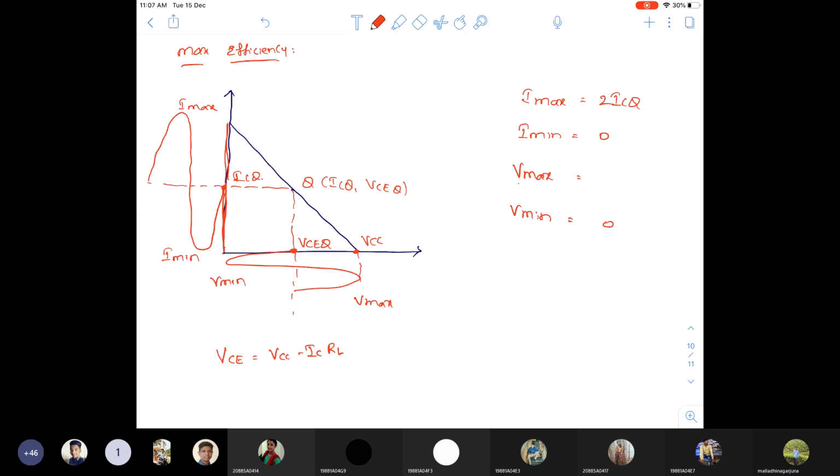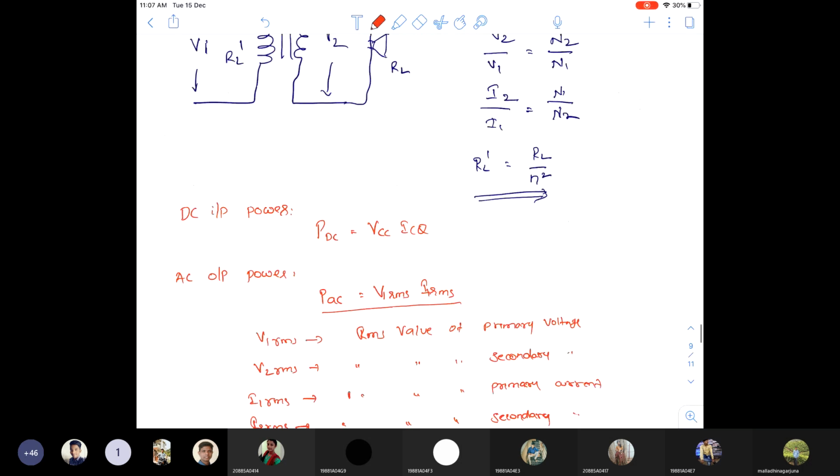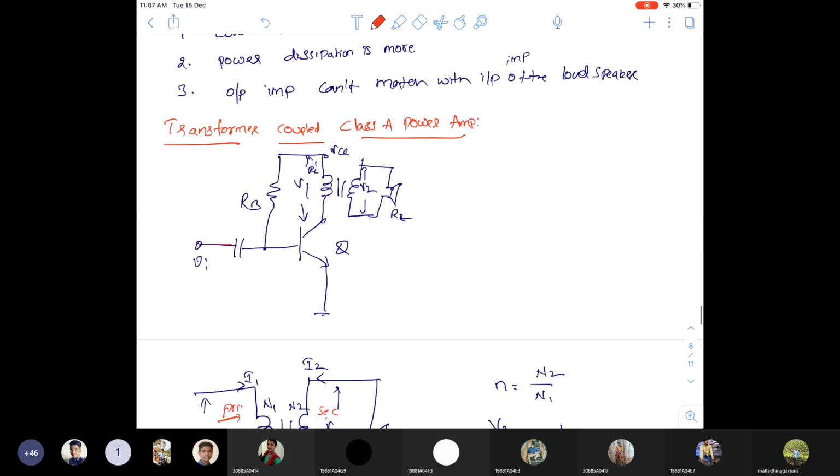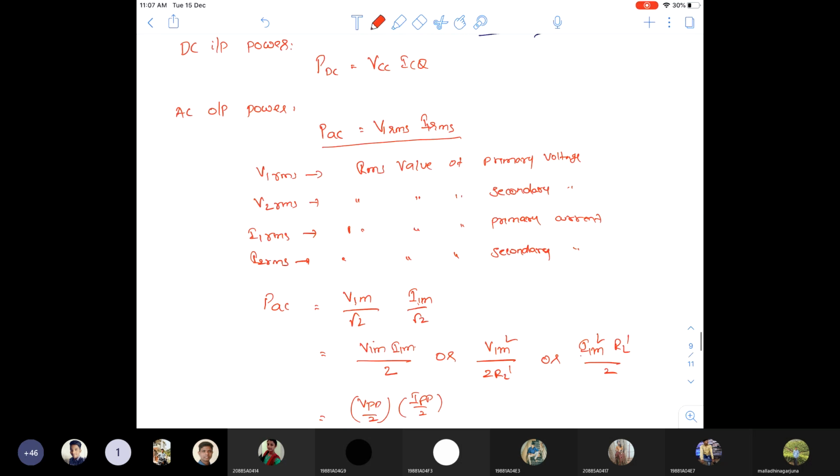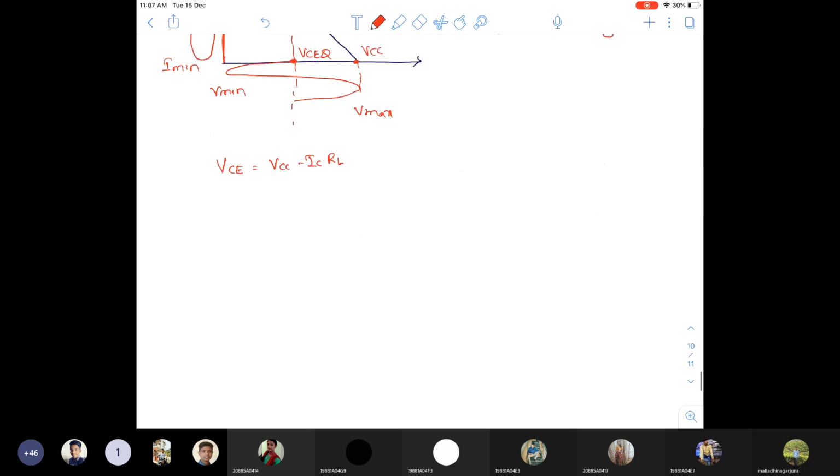Now for this transformer coupled class A power amplifier, what about this RC? You replace RC with the transformer, so here RC is nothing but RL dash. It is very small in terms of ohms. Why?